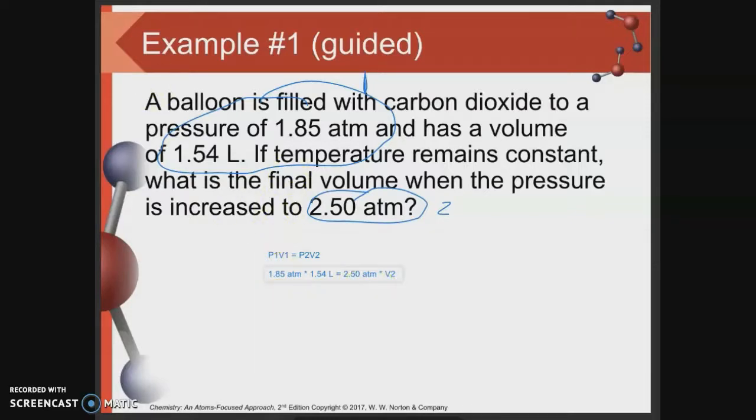So to get this set up properly, I'm going to have to divide both sides by 2.50 atmospheres. That will get the 2.50 to cancel on the right hand side, and atmospheres to cancel on the left hand side. Now I set up and I do my calculation.